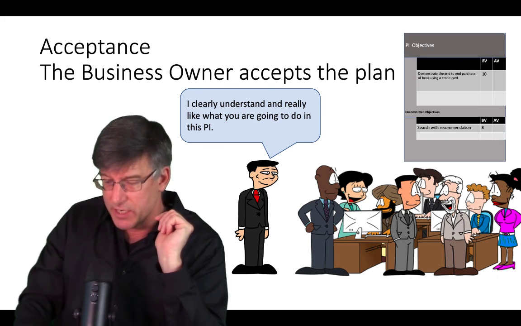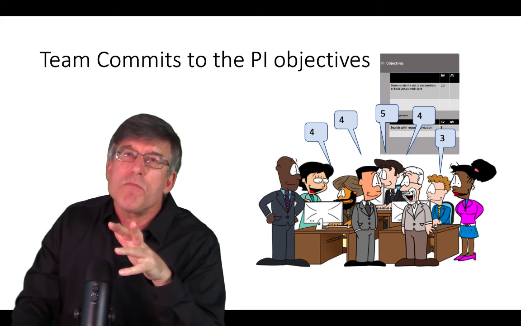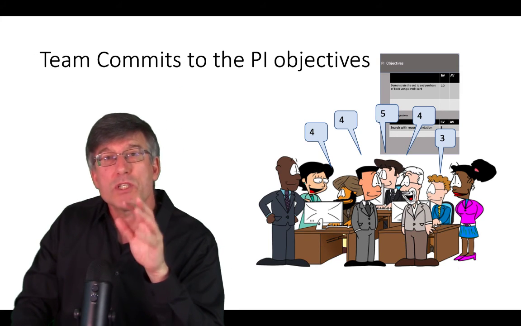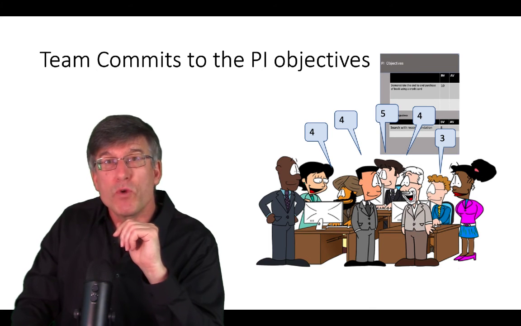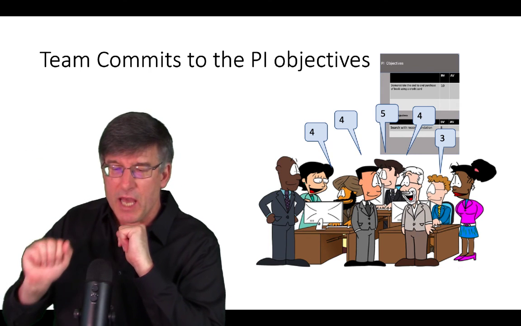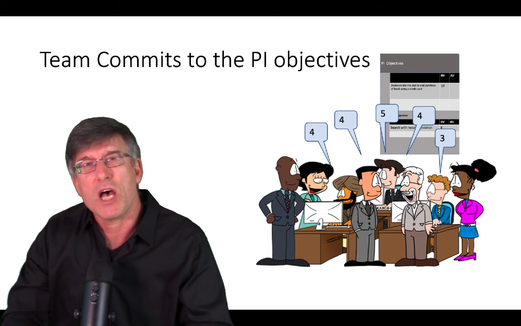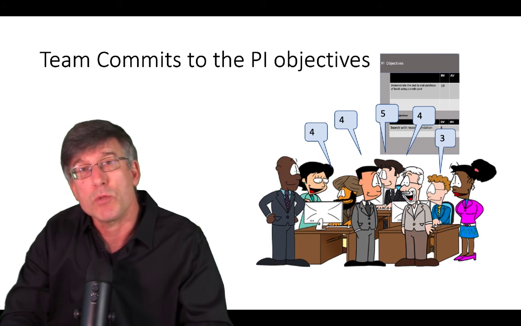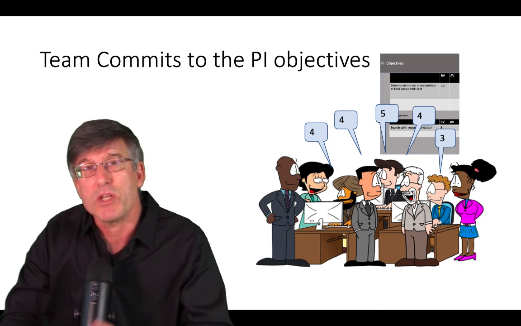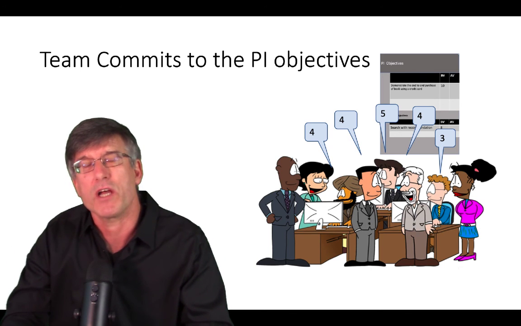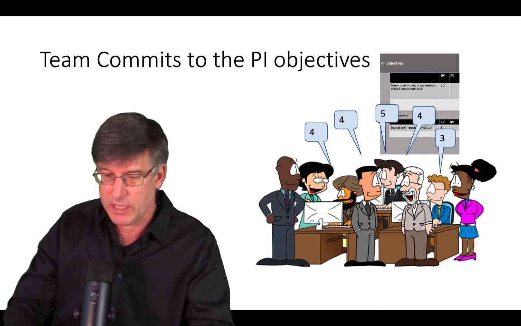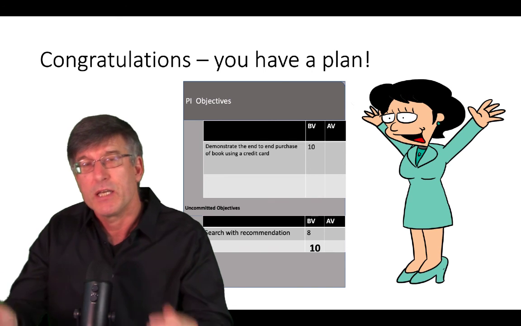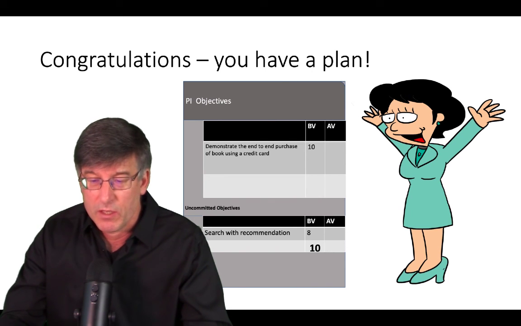After the business owner accepts the plan, and once we've roamed the risks during PI planning, the team can do their fist of five and decide if they can commit to the PI objectives. And remember, they're only committing to the PI objectives that they are able to commit to. While they're going to be working on the uncommitted objectives, they do not form part of that commitment. And so, if everything has worked well, we have a plan.